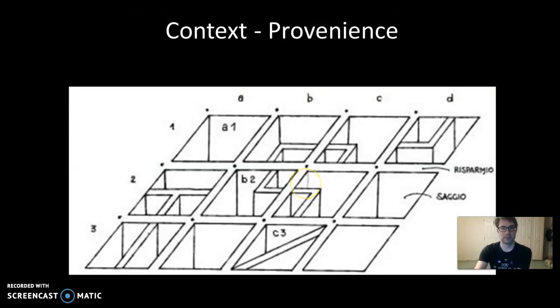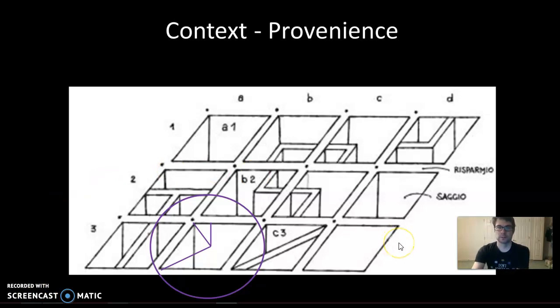Not only can we pinpoint exactly the square where an object came from, in this case square 3B, but by measuring from the corners of that square and downward from the top of the square, we can mark its exact location.